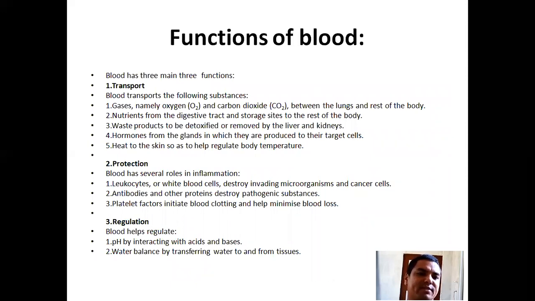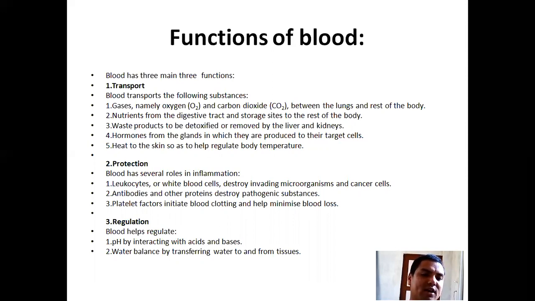Some functions of blood are explained here. First of all, it helps in transportation of oxygen and carbon dioxide. It transports nutrition and waste products from different tissues of the body. It transports hormones from different glands to target cells, and also helps in thermoregulation, or temperature maintenance in the body.